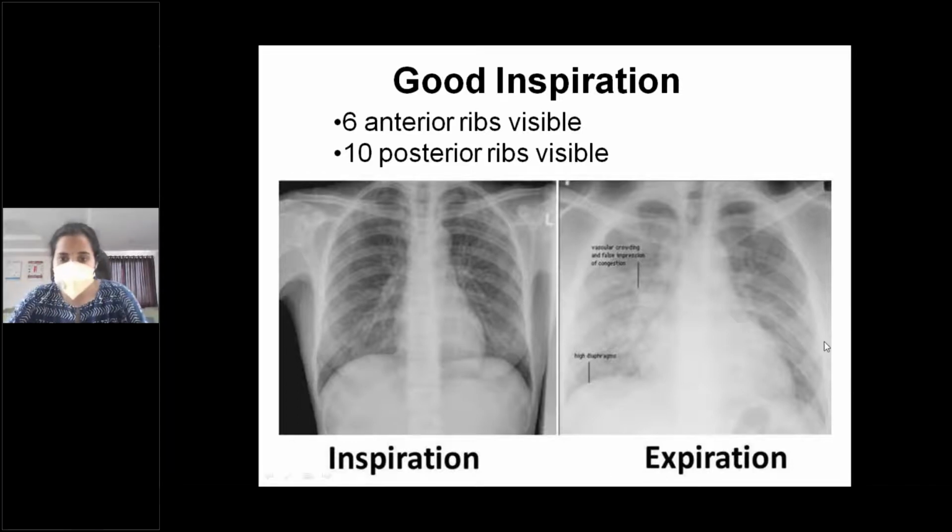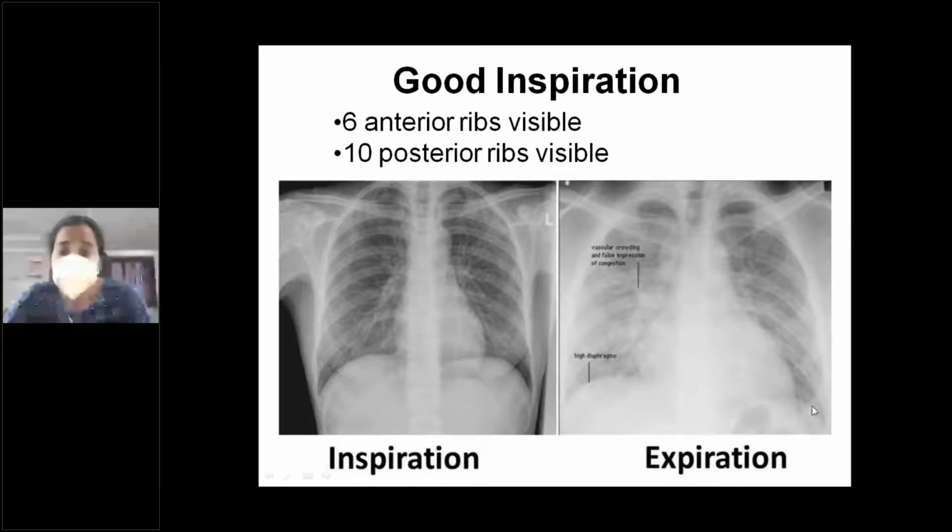expiration film. The problem with these expiration films is that during expiration there will be increase of blood flow to the lungs, and whenever it tends to opacify the lung, the lung is pretty loosened, the air fields, the lung fields can be clearly commented upon. If you want to, you can comment upon the lung fields very confidently.